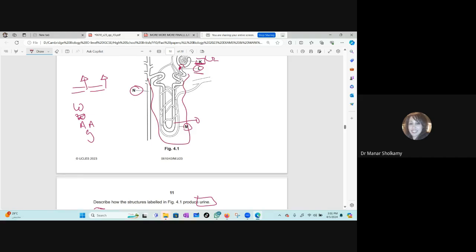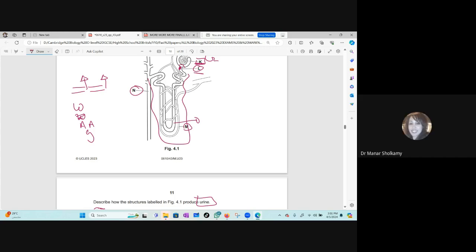And then what happens at L in the remaining part of the nephron? Absorbing of fats, glucose. We don't talk about fats at all. We will reabsorb what we need. All the glucose, we will absorb the needed water, we will absorb the needed salts. Is the urea reabsorbed? No. No, it's not reabsorbed.